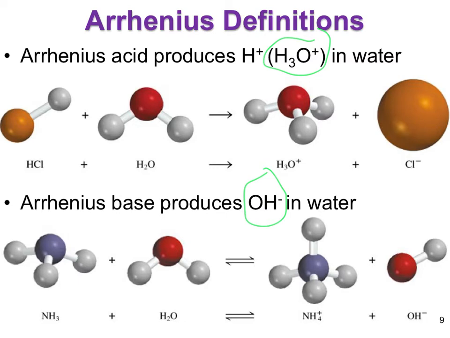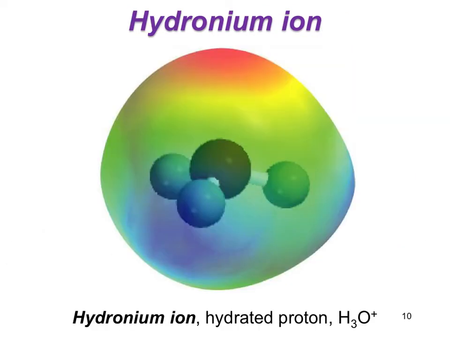The result of these reactions is hydroxide, OH-, and an ammonium cation, such as NH4+. This is a picture of the hydronium ion. The hydronium ion is also known as a hydrated proton because the hydrogen ion, H+, is simply a free proton.